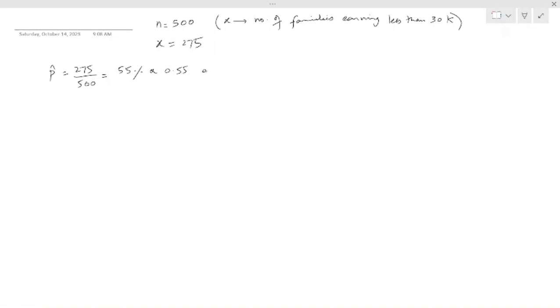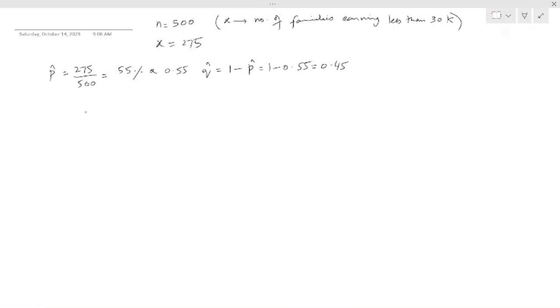To determine the value of q cap that we are going to use in the formula, this is 1 minus p cap, or 1 minus 0.55. That gives 0.45.